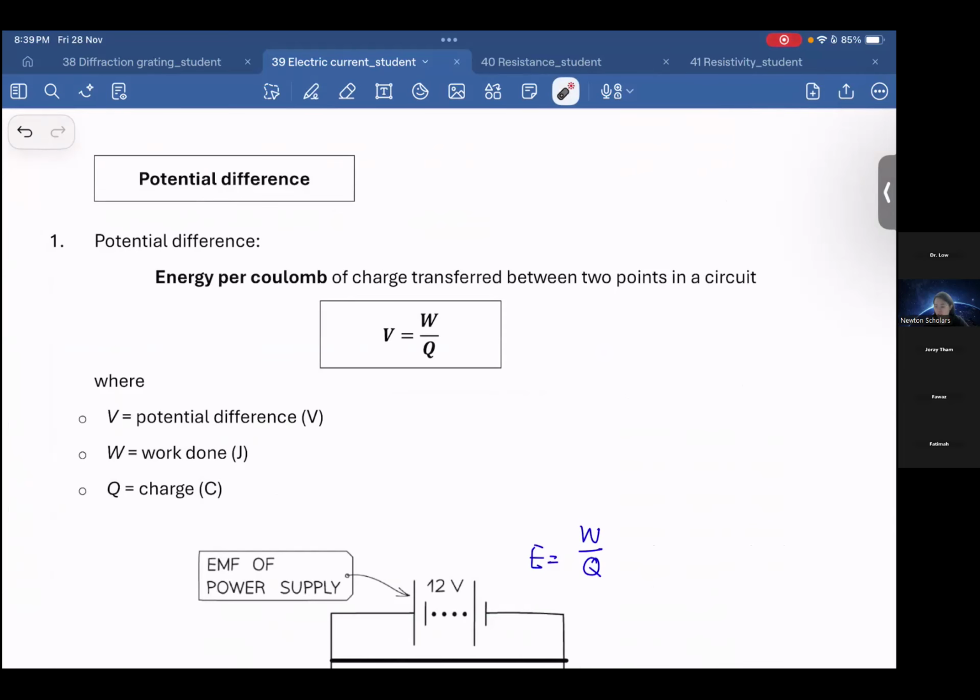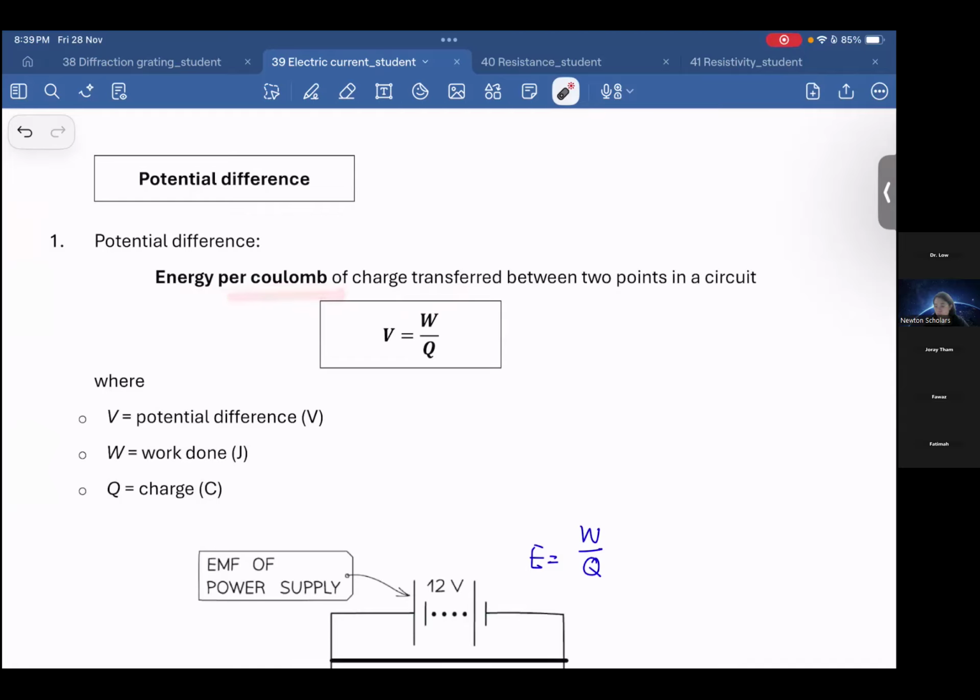In Year 11, we always say that potential difference is the work done in driving one coulomb of charge across the component, or from one point to another point. But here the meaning is the same. Energy transfer is work done, work done is energy, so it's the same thing.